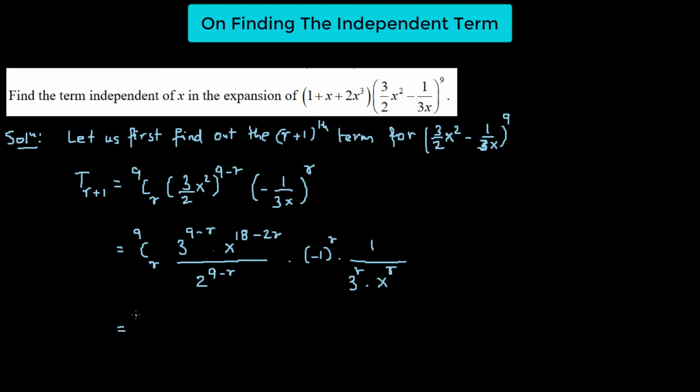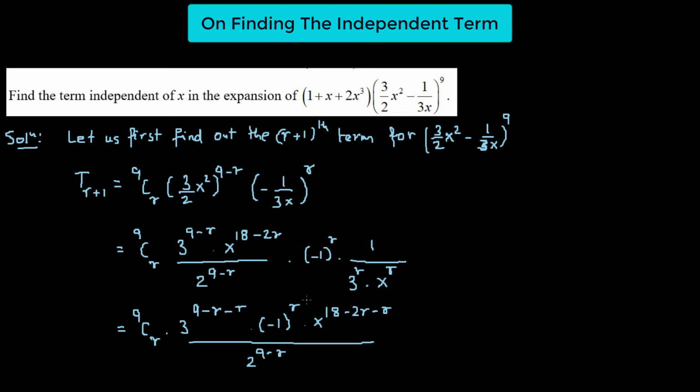which is equal to 9Cr times 3 raised to the power of 9 minus r minus r times negative 1 raised to the power of r times x raised to the power of 18 minus 2r minus r, all divided by 2 raised to the power of 9 minus r.